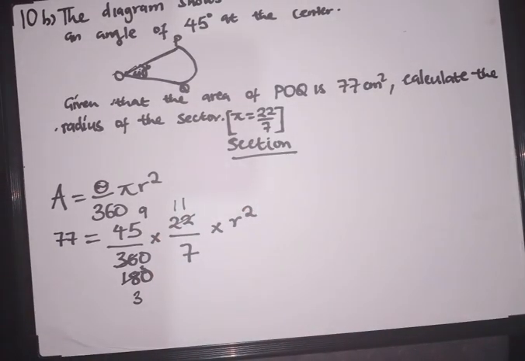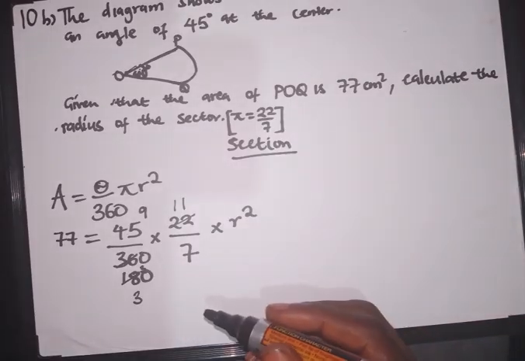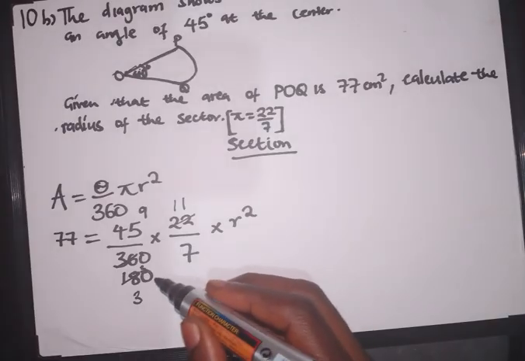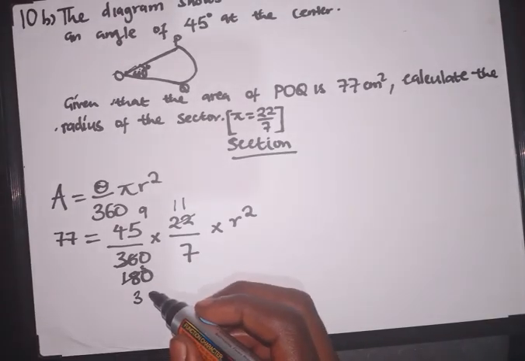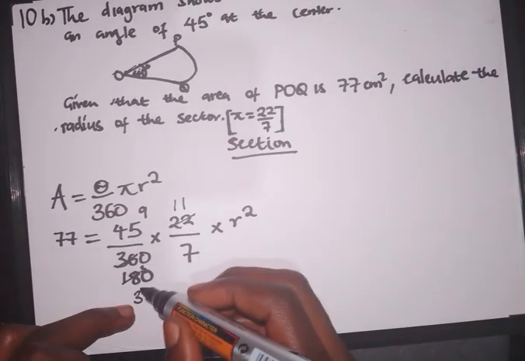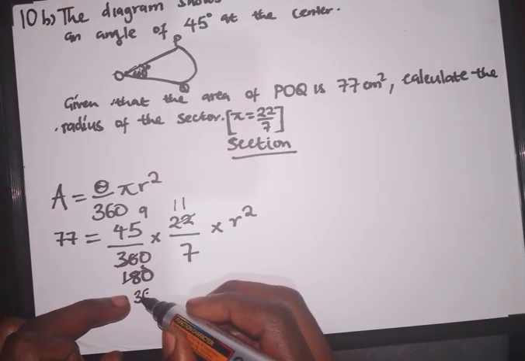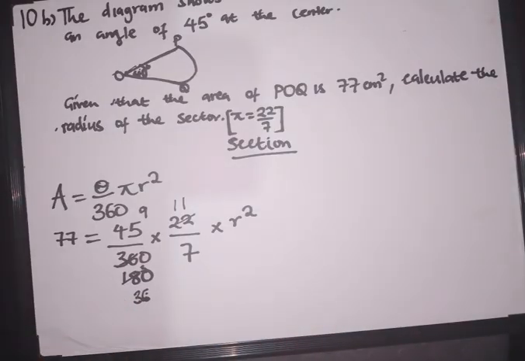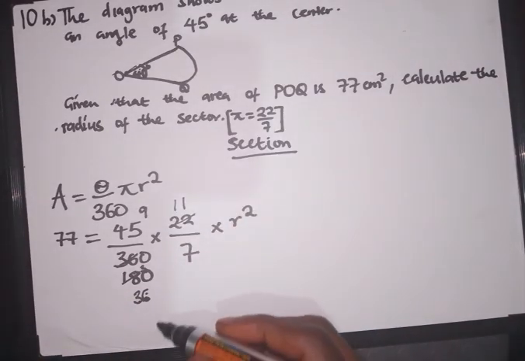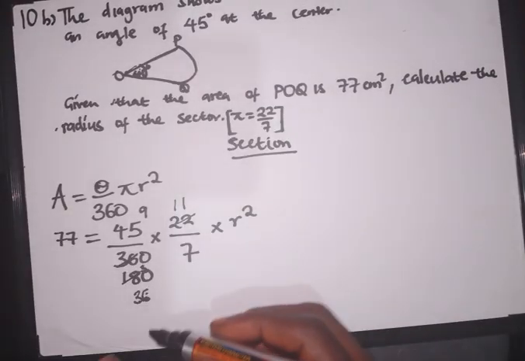Sorry, 5 into 180 we have 36. So we have 9 over 36, which again 9 can go into.